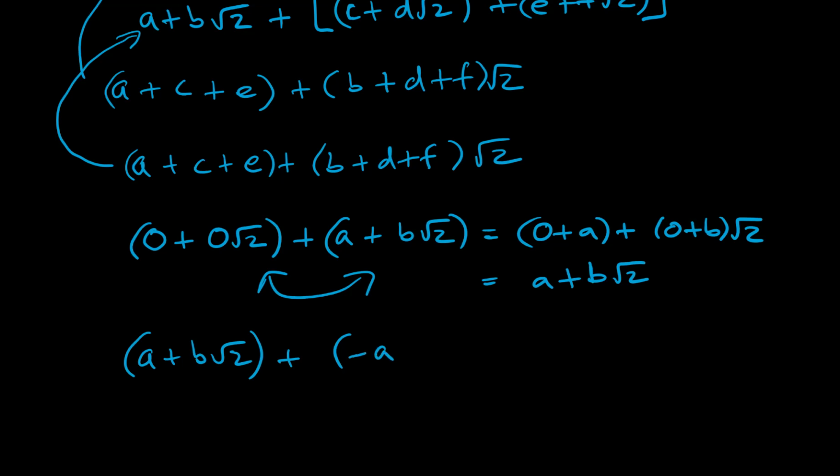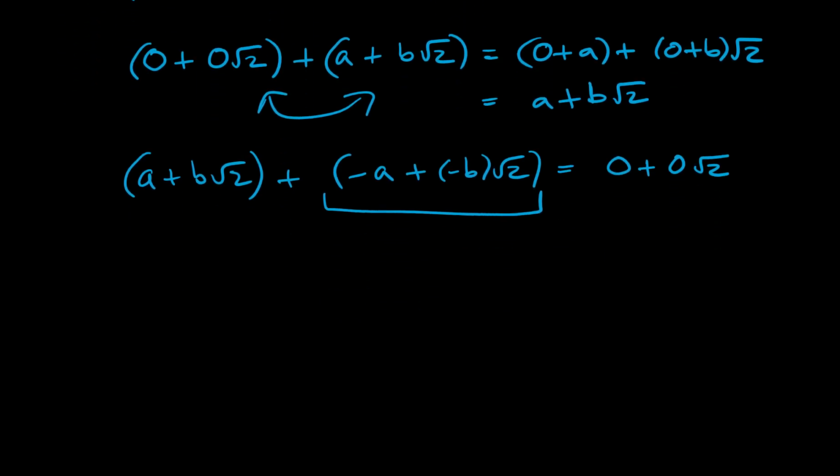So we can pick minus a plus minus b root 2, which will give 0 plus 0 root 2. This suffices for an inverse, and since a and b are rationals, minus a and minus b are also rationals, so the inverse definitely exists. Thus, we have proven that the set of all numbers a plus b root 2 in R, where a and b are rational, form a group under addition.